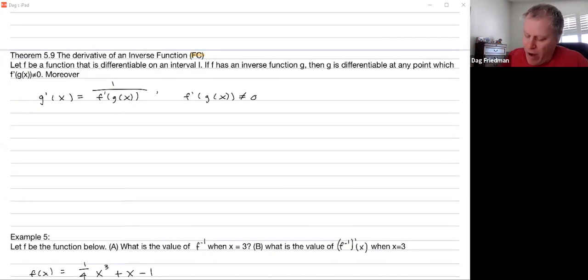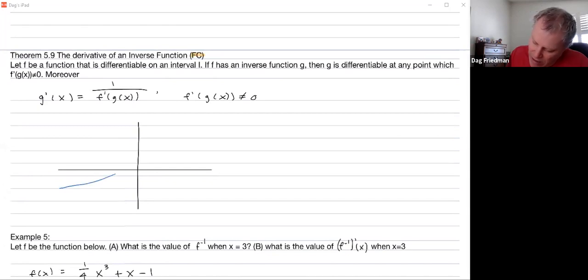I'll make a quick graph of that. My graphing skills are always iffy. Let's say the original function f looks something like this. Okay, so this is f.